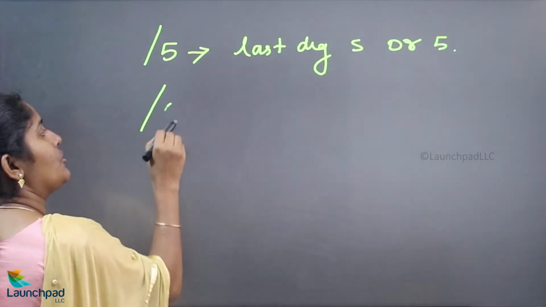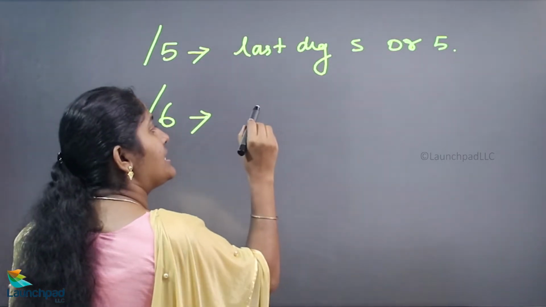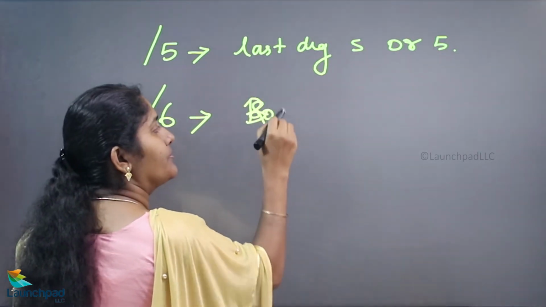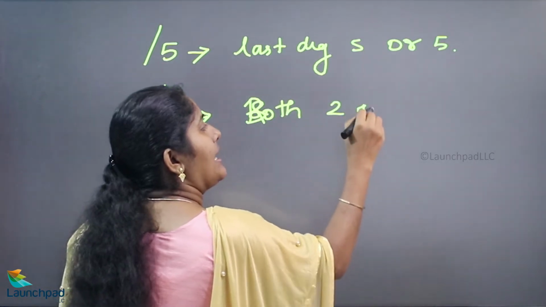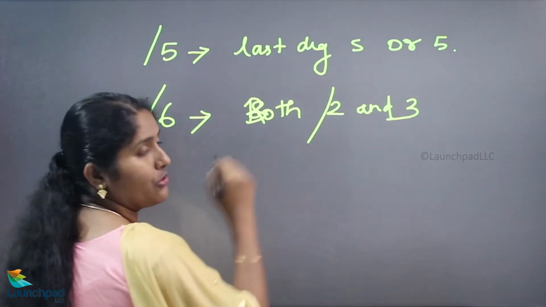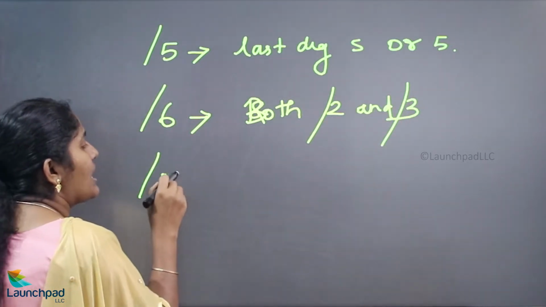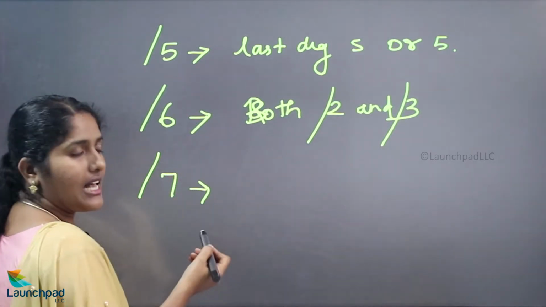And the divisibility rule for 6 is that the number should be divisible by both 2 and 3. We already know the divisibility rules of 2 as well as 3.